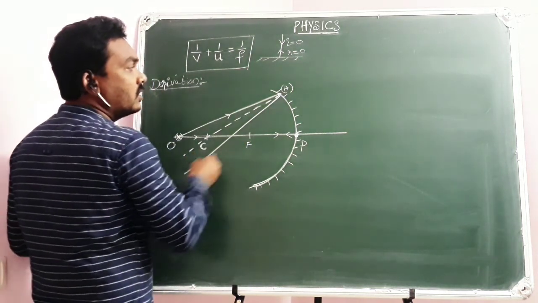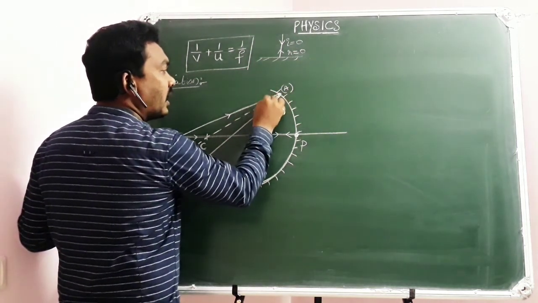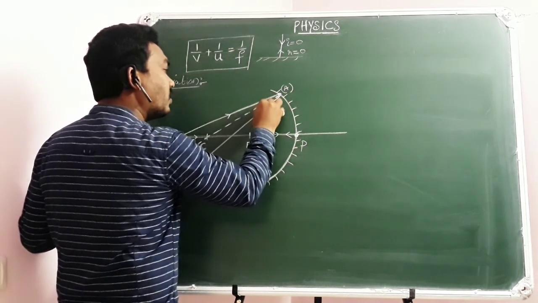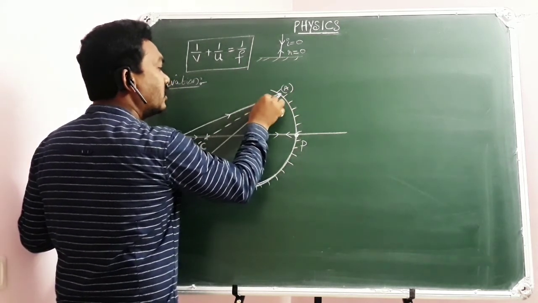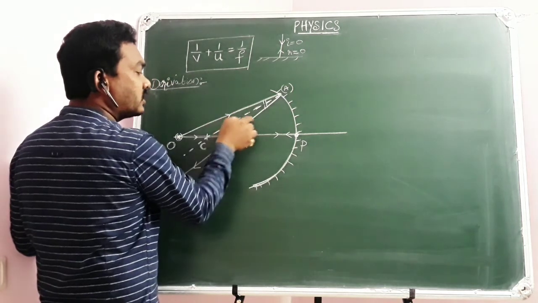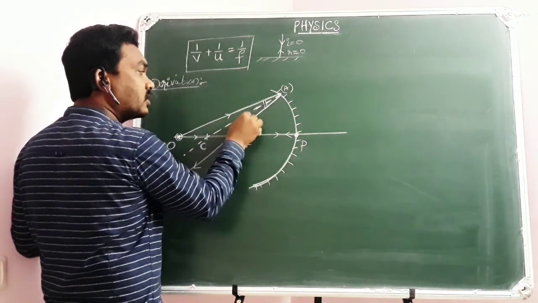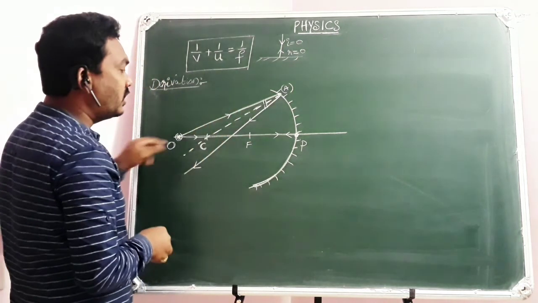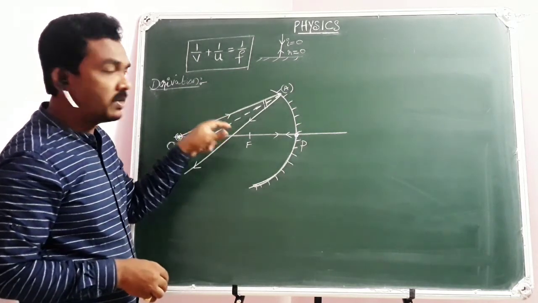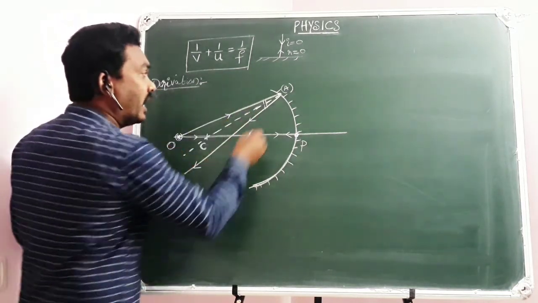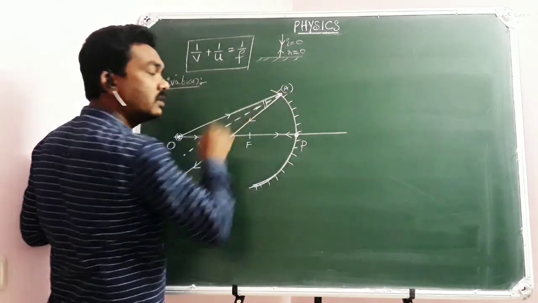Because you know, in the case of reflection, angle of incidence will be equal to angle of reflection, and the incident light ray and reflected light ray will be on either side of the normal. So here AC acts as a normal to the reflecting surface at the point of incidence.